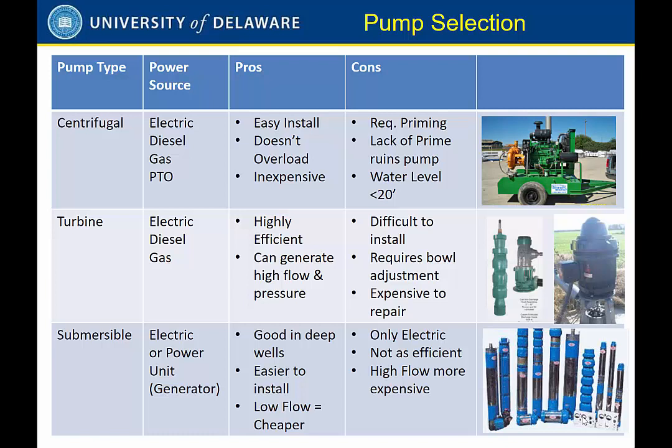The least efficient way you can pump water is going to be a submersible pump with a genset. You will burn the most fuel of any of the options, and here's why. Whenever you convert energy from one form to another, you lose a percentage.